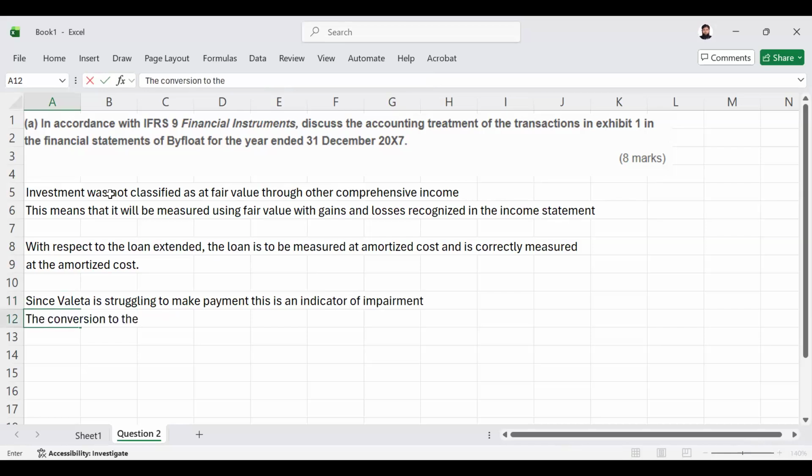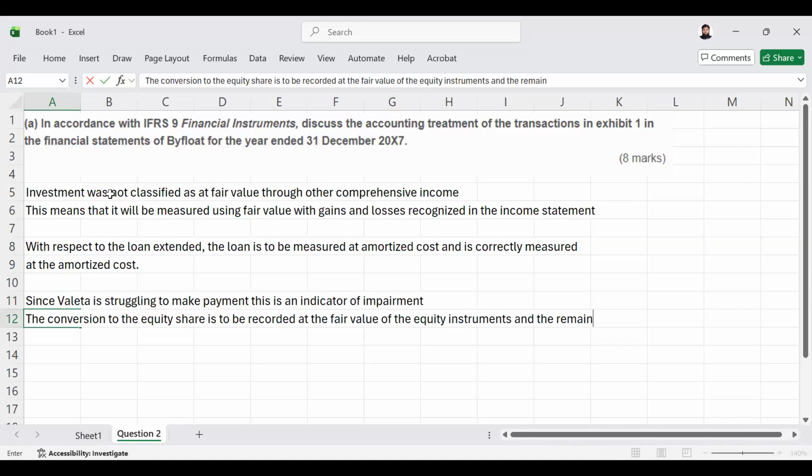The conversion to the equity share is to be recorded at the fair value of the equity instruments, and the remaining amount is to be recognized on the basis of loss allowance.